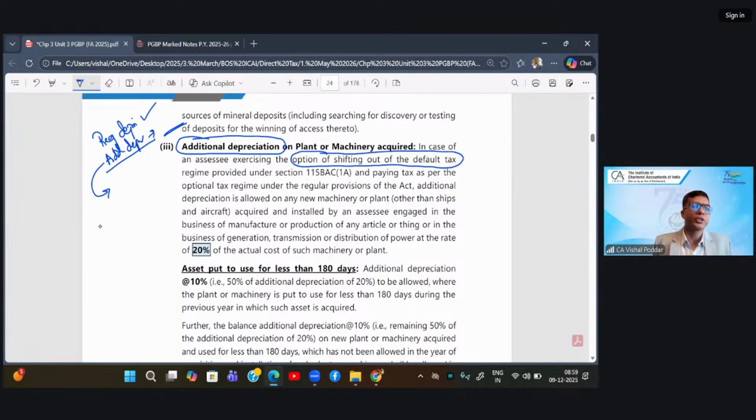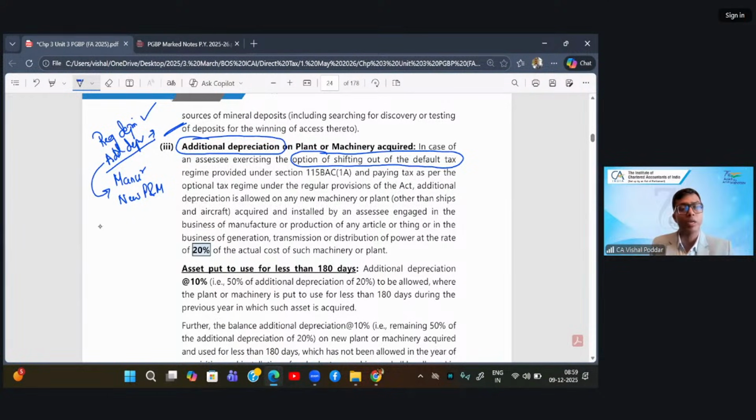Now, additional depreciation is allowed only to manufacturers, only on new plant and machinery. So even for manufacturers, on land, building, or any other assets like furniture, etc., additional depreciation is not allowed. Further, if they have purchased second-hand plant and machinery, additional depreciation is not allowed to them even on second-hand plant and machinery.